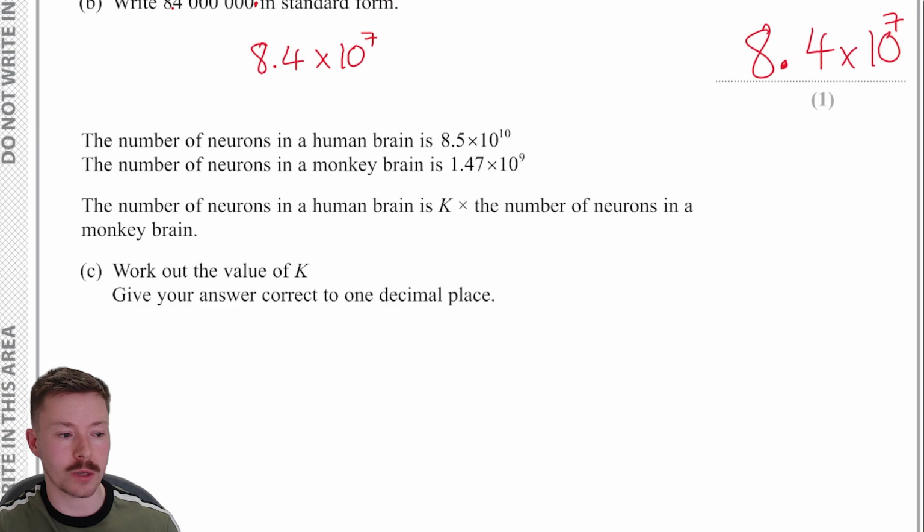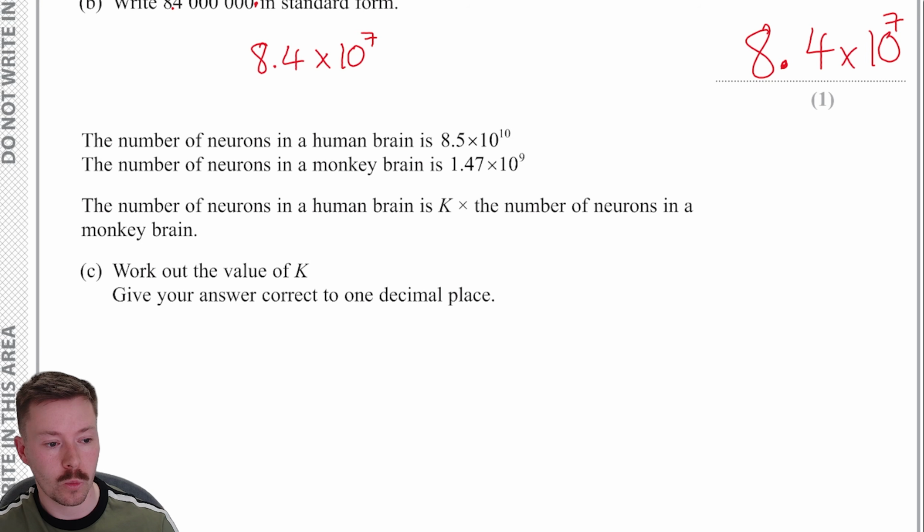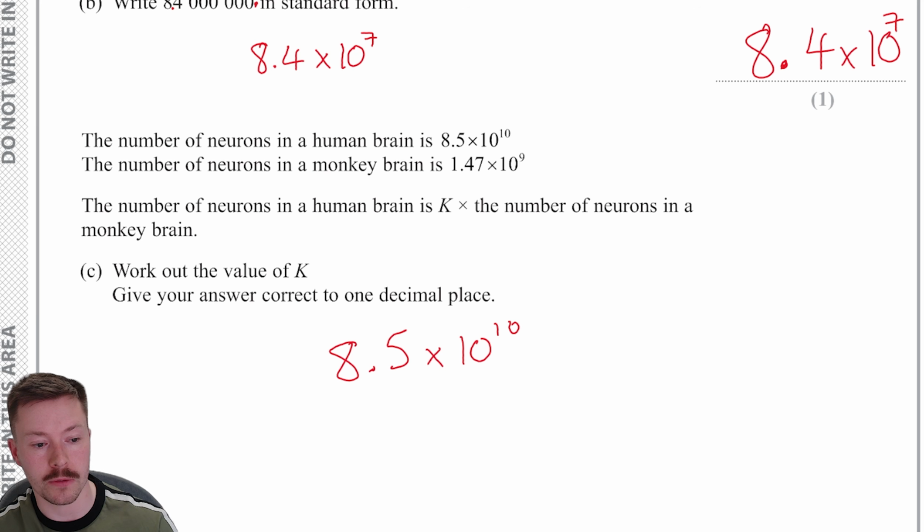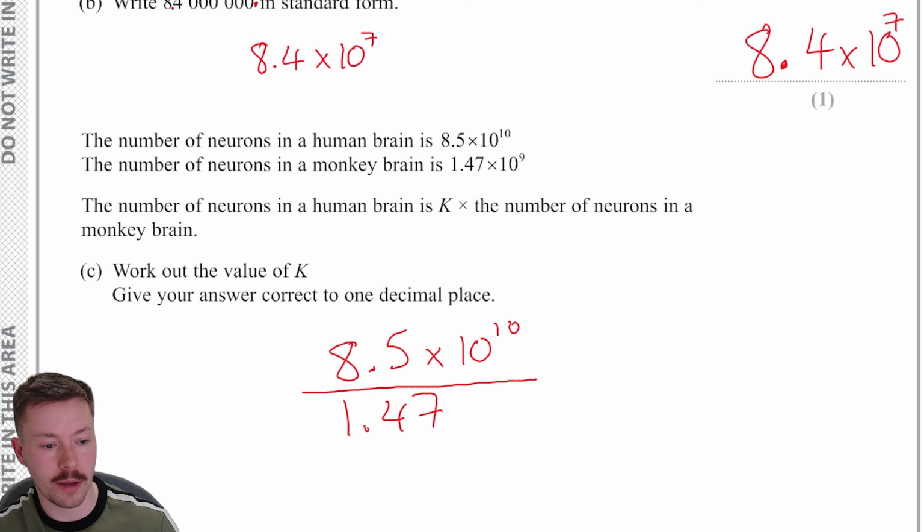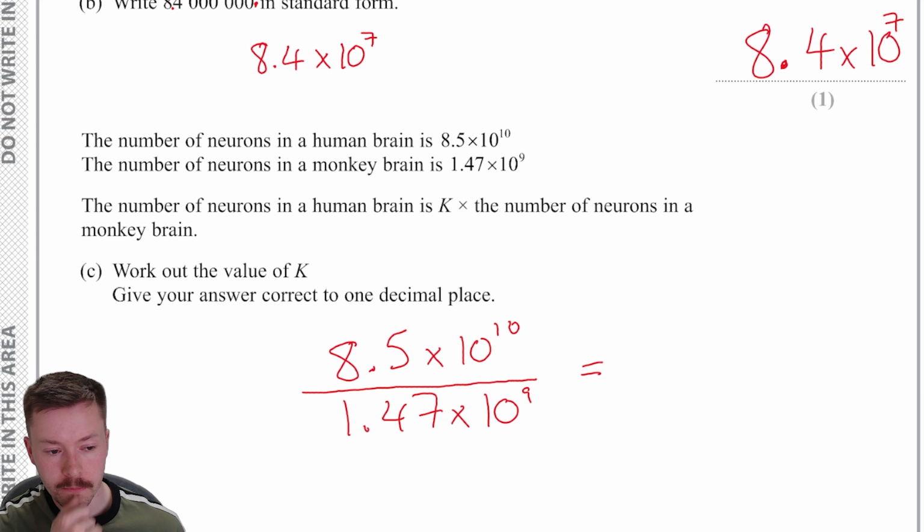So I'm going to scroll this down so we've got some space to do working out. We're going to do 8.5 times 10 to the power of 10 divided by 1.47 times 10 to the power of 9. Now what we're going to do here is divide our two numbers.